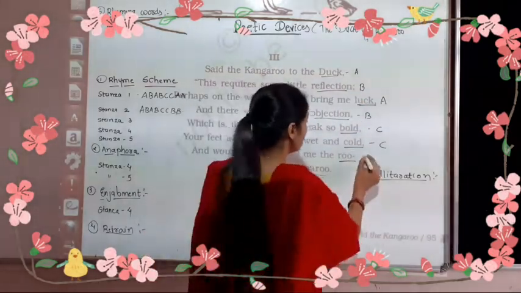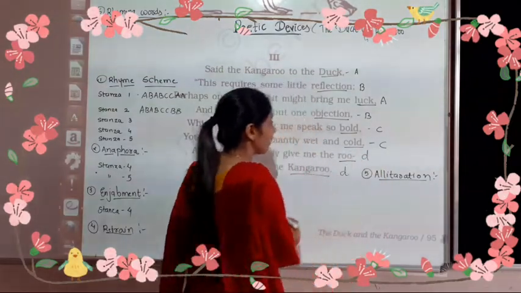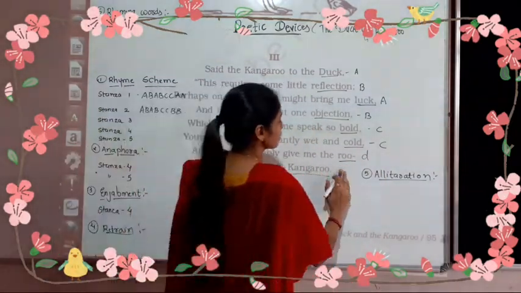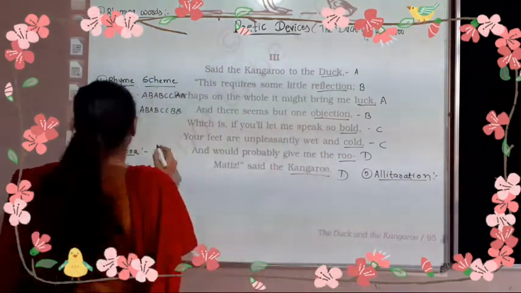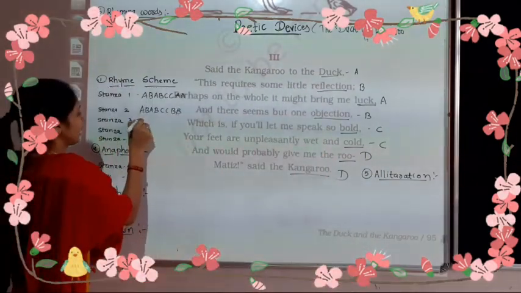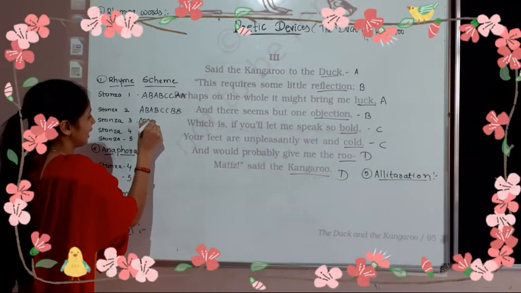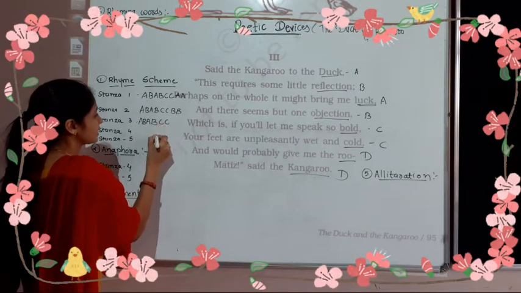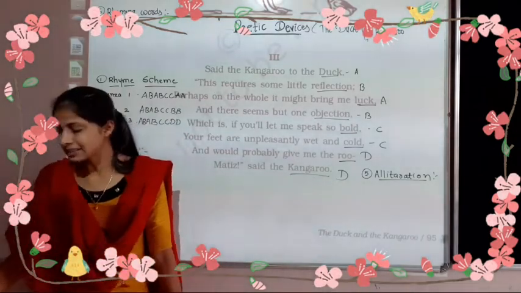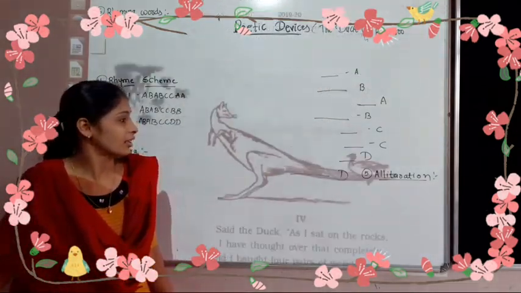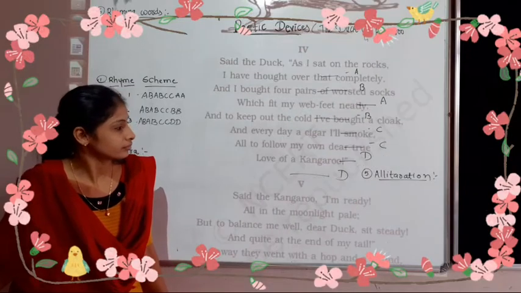D. So the rhyme scheme of stanza number 3 is A, B, C, D.